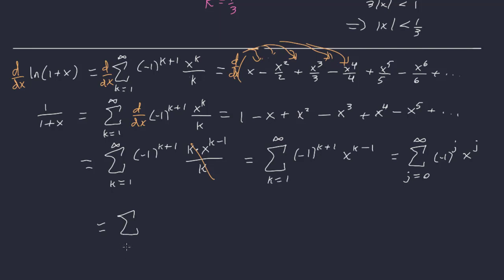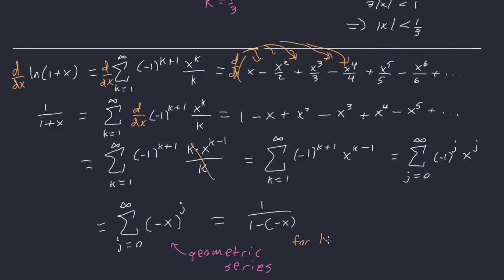So this is, I'm back to j here, j going from 0 to infinity of negative x to the j, which is a geometric series and will converge to 1 over 1 minus a negative x for the absolute value of negative x less than 1.